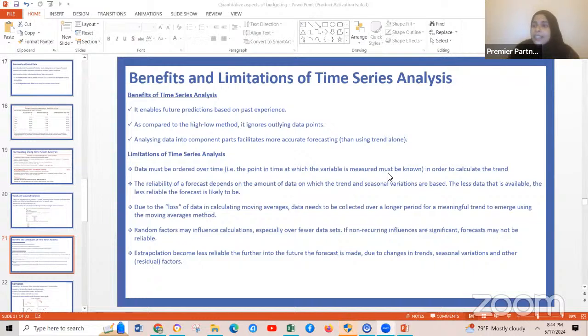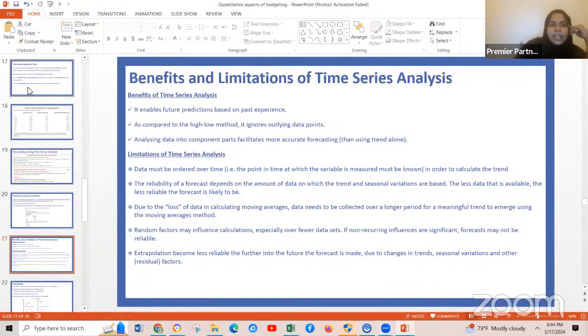If you are using less data, it's less reliable. Due to loss of data when calculating moving averages, data needs to be collected over a long period. Random factors may also influence these calculations. Especially if there are random non-recurring events, it can affect the actual sales. And extrapolation deeper into the future might be inappropriate as well.